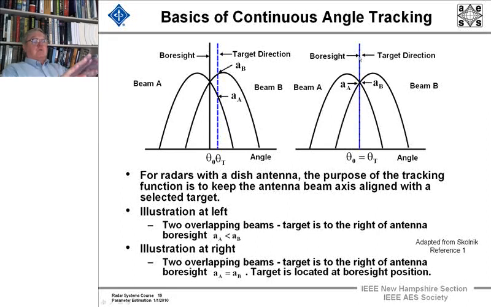So a lot of times we'll have a target near its boresight, and we'll point a beam a little to the right, a little to the left, and if we get an equal amplitude, we know that the boresight of the antenna is in the target direction.